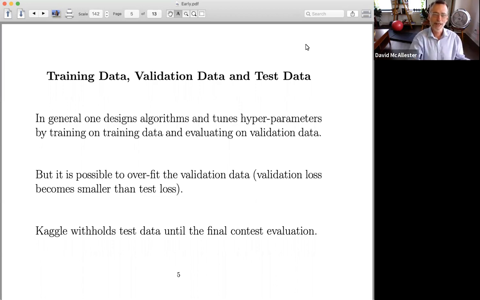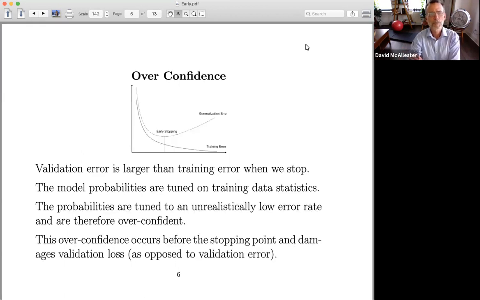It provides training data and validation data, and you can do your algorithm development and hyperparameter tuning with that validation set, but they don't give you the test data. Inevitably, everybody's validation error or loss is much better than when they get fresh data, because people tend to overfit the validation data.